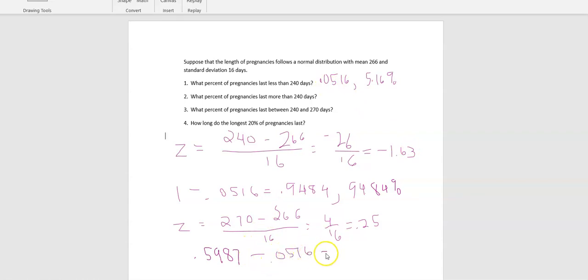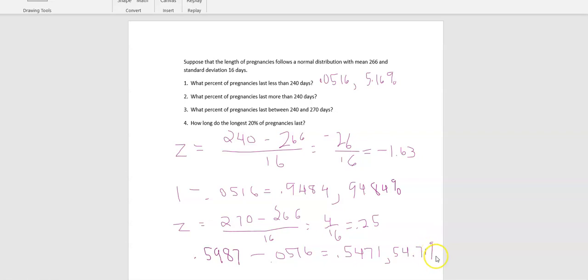So if we subtract these two probabilities, the probability that someone has a pregnancy between 240 and 270 days will be 0.5471. And let's change it into a percent, 54.71%.